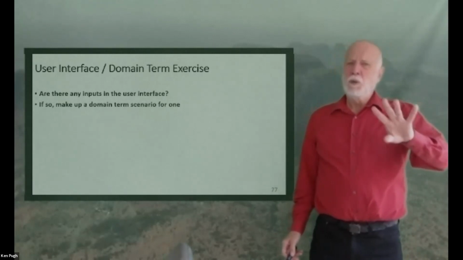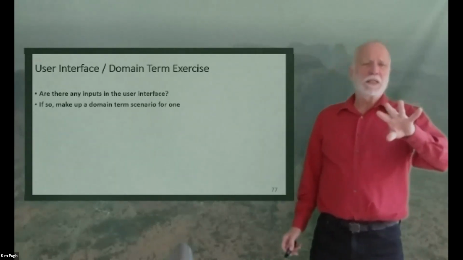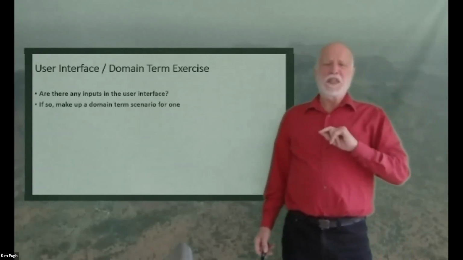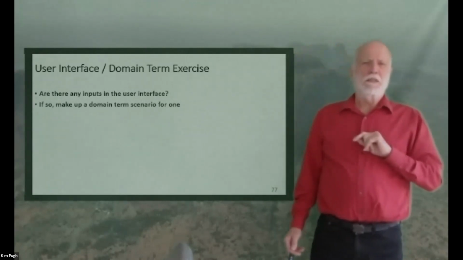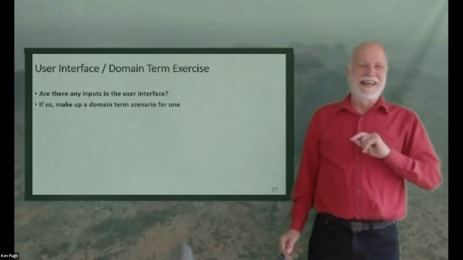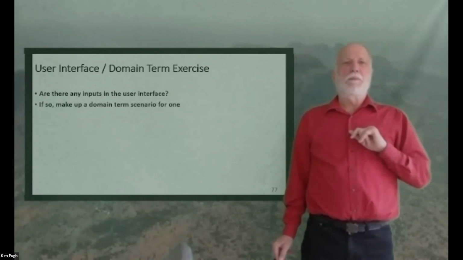All right. Domain terms. We really don't have any domain terms here, but let's take a look at, Jordan, do you have the feature file for the email address? Let me see. If not, we're going to make one up.